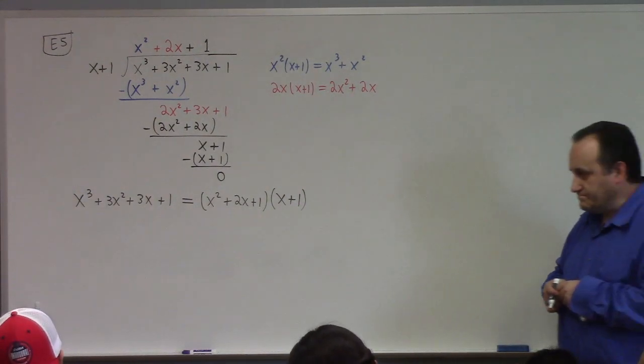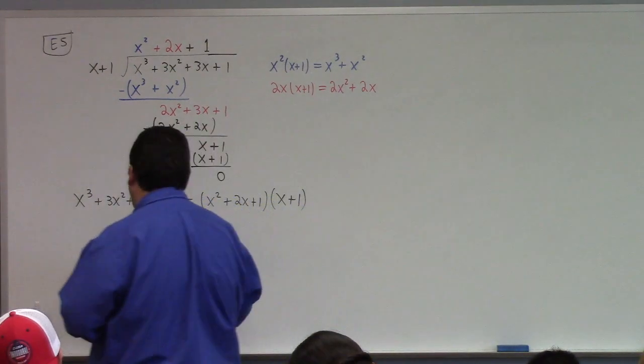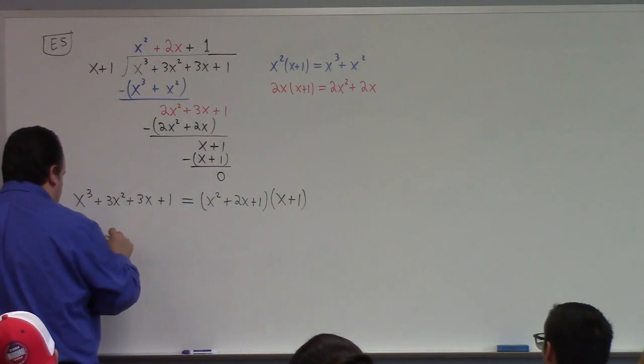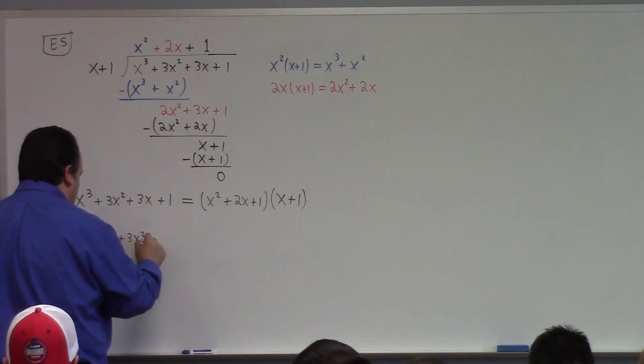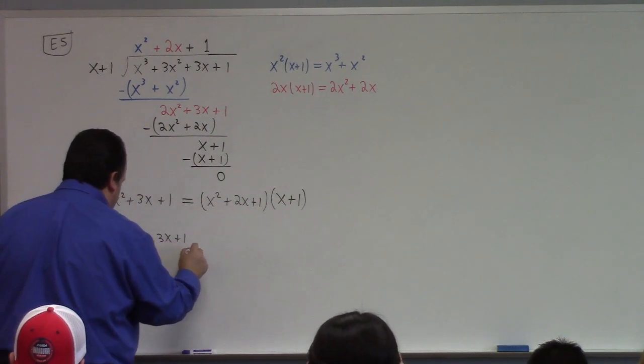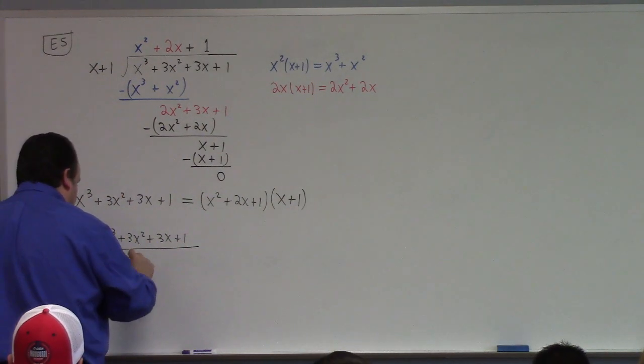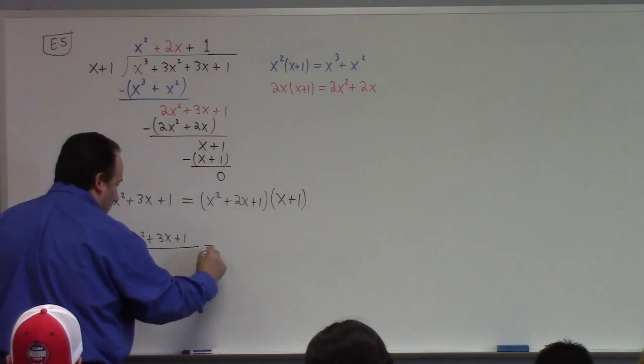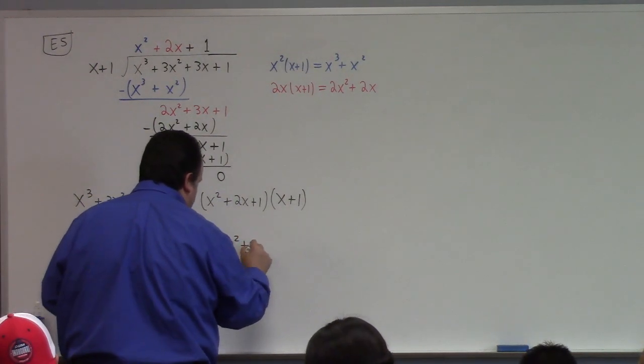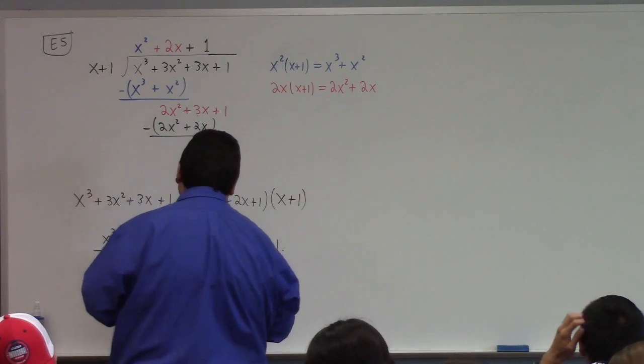Or if you prefer, you could also understand this in terms of x cubed plus 3x squared plus 3x plus 1 divided by x plus 1 is in fact equal to x squared plus 2x plus 1.